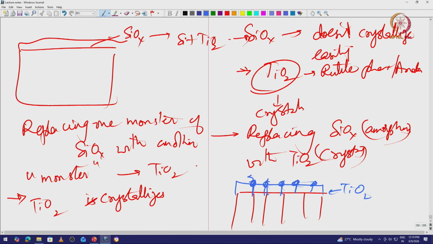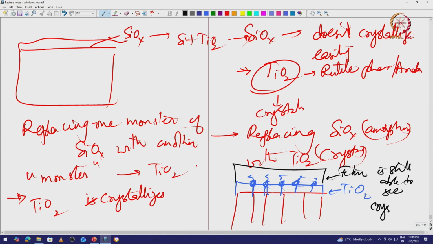So, all these atoms have dangling bonds now, right. And on these dangling bonds my film is still able to see a crystalline potential, more or less defined by silicon, right, because this is also thin enough. This sees the crystalline potential of silicon, that is transferred here.